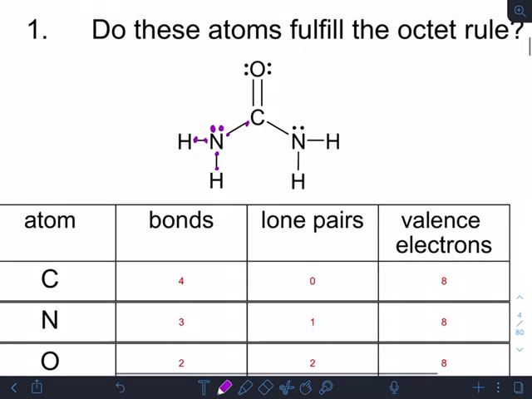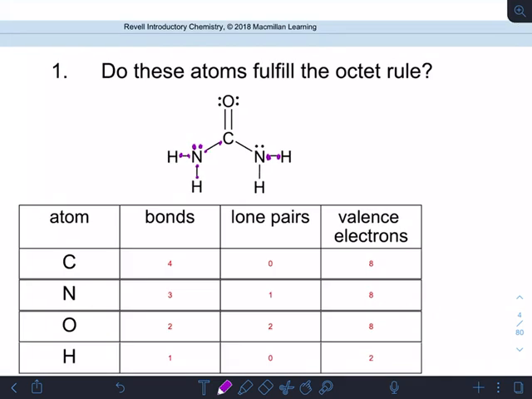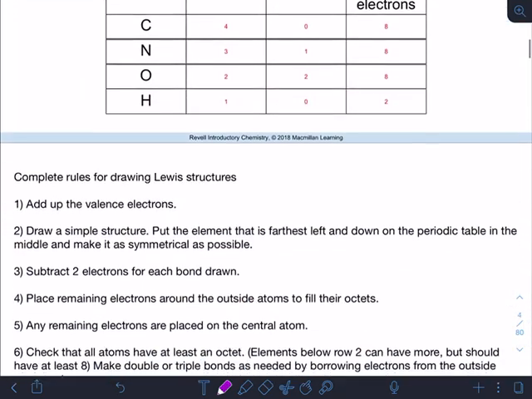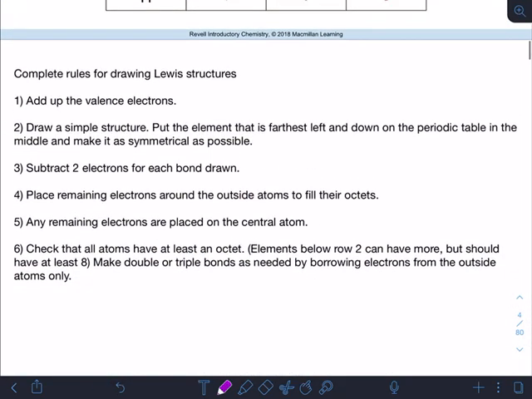Now the hydrogens, let's take a look at a hydrogen set. The hydrogen has 1 bond, and it has access to both of those electrons. It can only ever have 2 electrons connected to it.